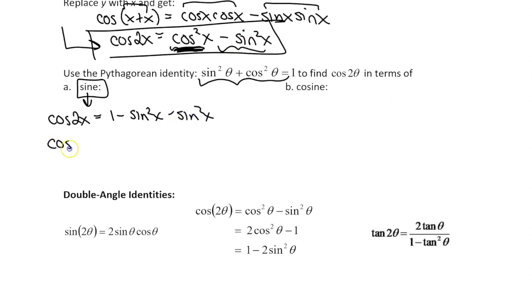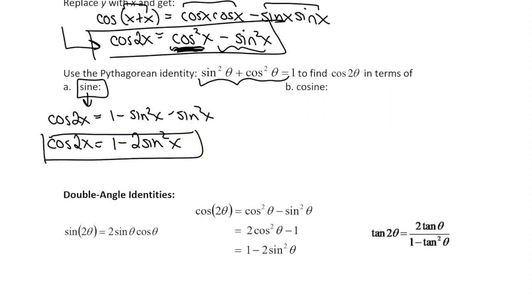And that means that cos 2x will now be equal to 1 minus, well, these are like terms, 1 minus 2 sine squared x. So take a look at your identity sheet, and you'll see that that is a second option for what you could change cos 2x into becoming.